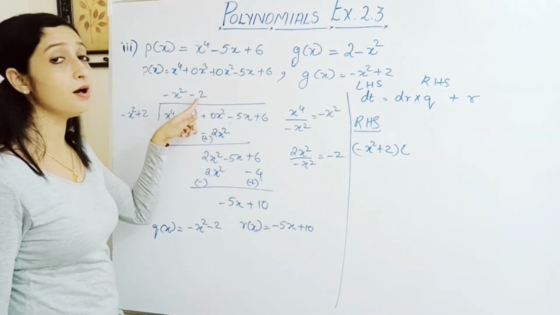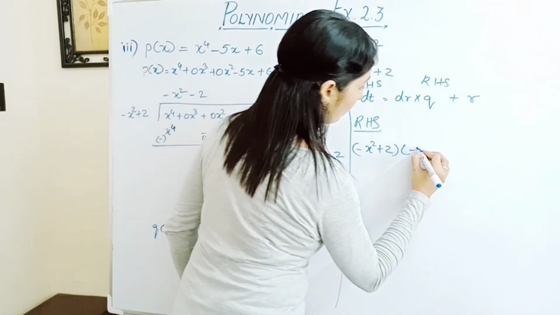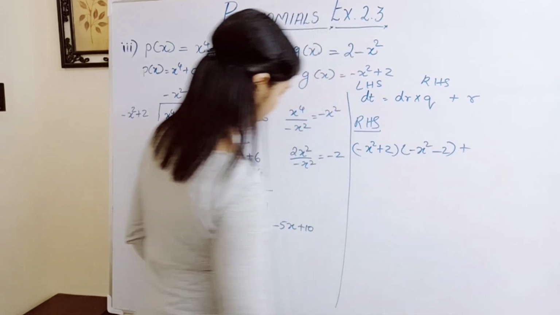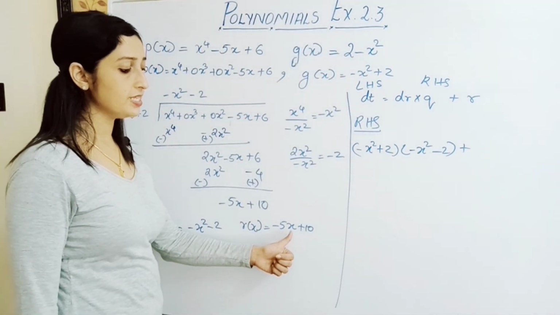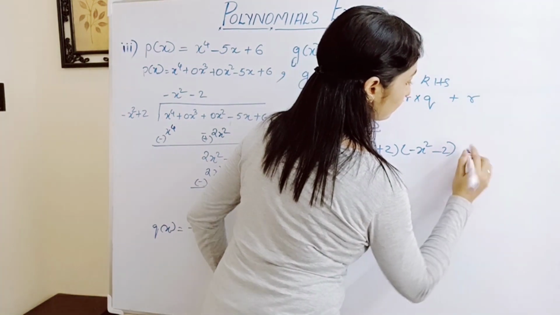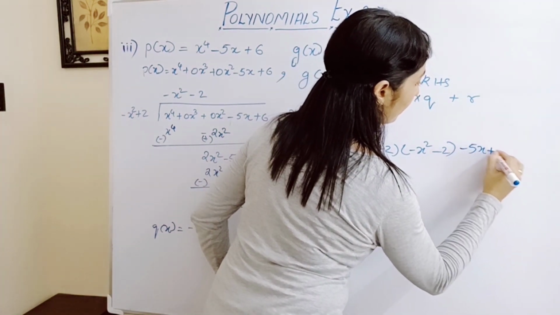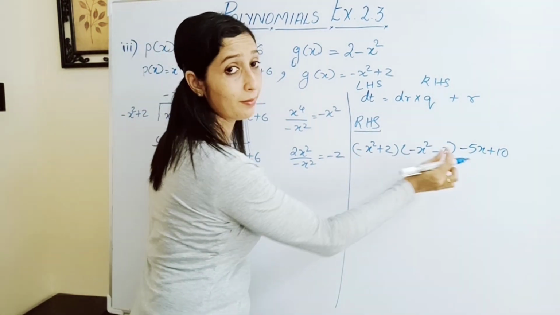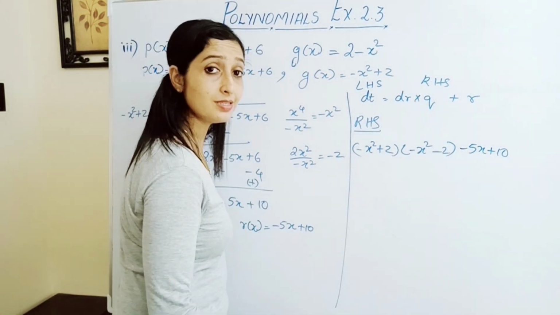Into, what is our quotient? Minus x square minus 2, plus, what is our remainder? Minus 5x plus 10. Now this is of the form a plus b into a minus b, that is a square minus b square.